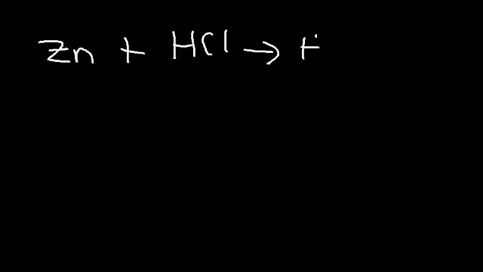So consider this reaction. Zinc metal reacts with hydrochloric acid to produce hydrogen gas and zinc chloride. Now, what I want you to do is pause the video and try this practice problem yourself, and then unpause it to see if you have the right answer. So let's begin. What is the oxidation state of zinc?